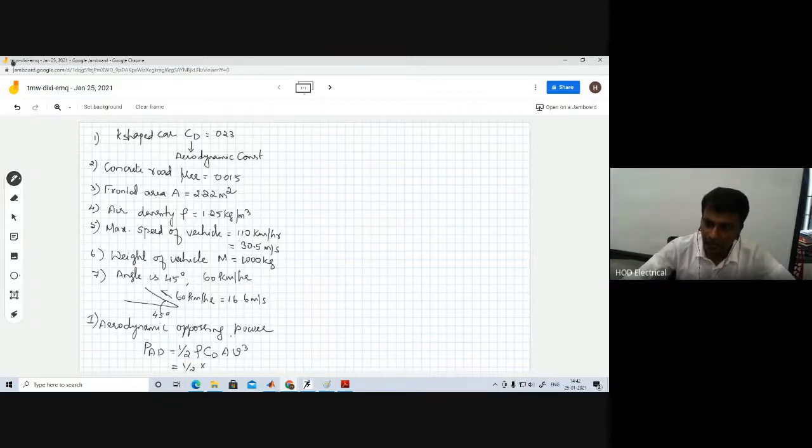Half rho is 1.25, CD we have chosen 0.23 for the K-shaped car, the frontal area of the car is 2.22 meter square, then velocity is 30.5 whole cube. So the aerodynamic power is 9.05 kilowatts.